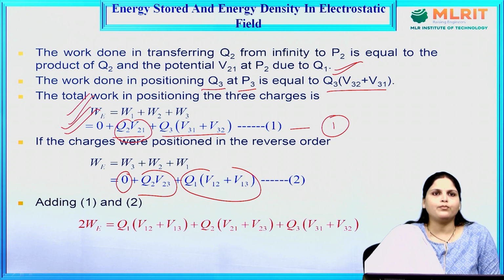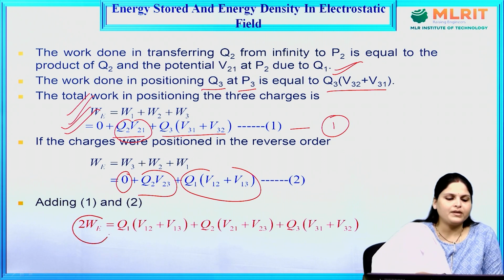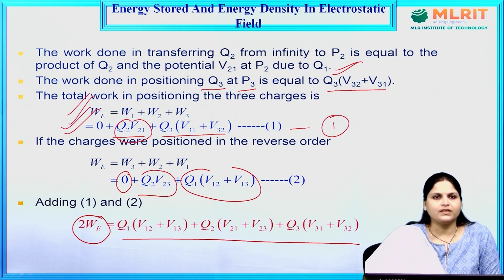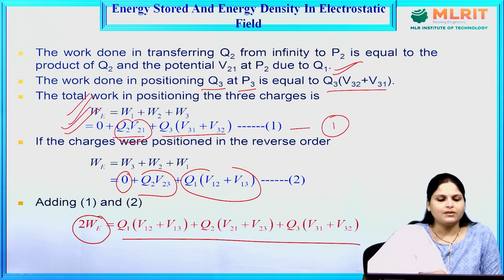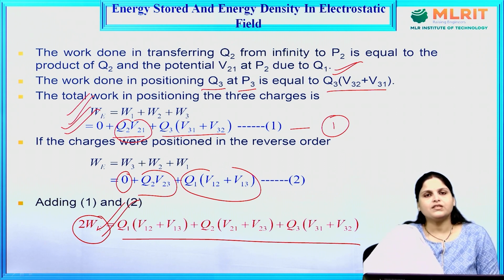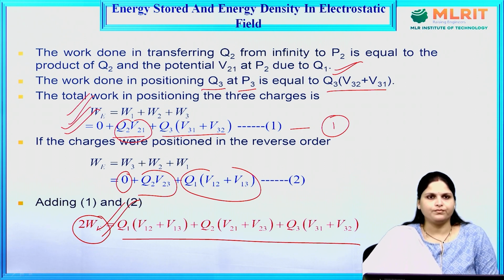Adding the right hand sides and the left hand sides, WE plus WE becomes 2WE. Rearranging in terms of Q1, Q2, Q3, we get Q1 times (V12 plus V13) plus Q2 times (V21 plus V23) plus Q3 times (V31 plus V32).